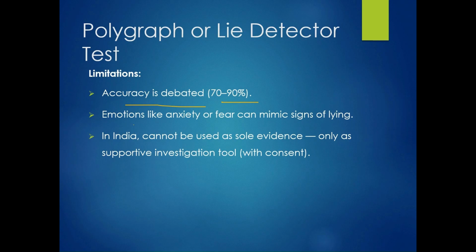Similarly, as I told you, emotions like anxiety or fear can mimic signs of lying. So in India, a polygraph cannot be used as sole evidence, only as a supportive investigation tool, and that also with consent. While a polygraph can support investigation, it cannot serve as standalone evidence in Indian courts.